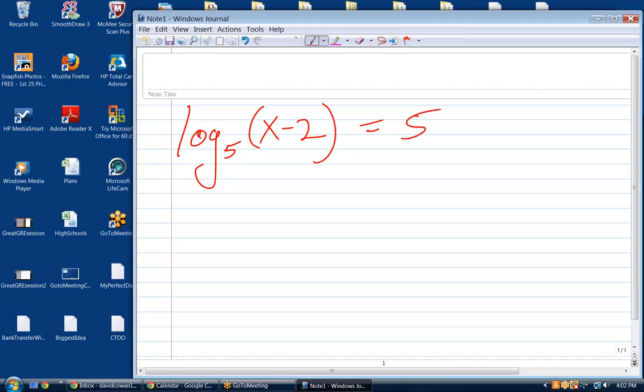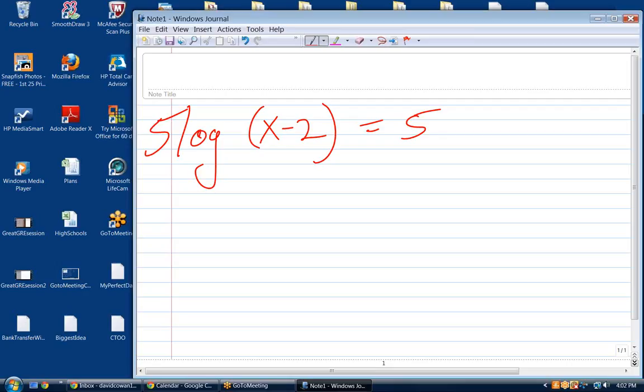Sorry, 5 times log base 10. Sorry, my bad. Oh, that's okay. I just wasn't sure whether I was using terminology correctly. So it's 5 common log base 10 of x minus 2 equals 5, right? Yep. Okay. So what's our first step going to be?